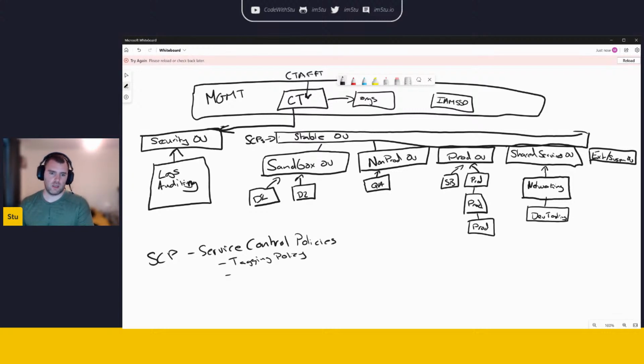We may want to say no regions unless they're whitelisted, or allowed. So you might only operate in 3 regions out of the world. You can take all the other regions offline, add that at the stable OU, and it applies across all your accounts.